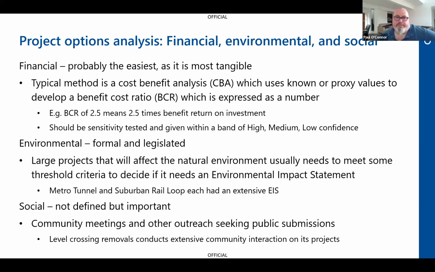The outcome of all that is that a whole lot of environmental controls or environmental performance indicators are set up. Once the project passes the EIS, it also sets the boundaries in terms of what is tolerable for the impact it can have on the environment.